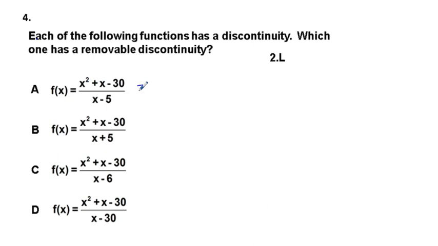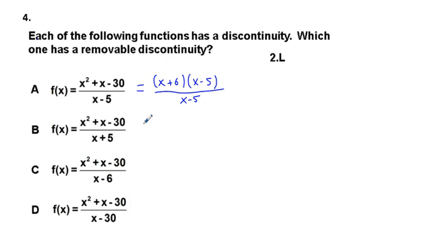So here, in the numerator, if we factor x squared plus x minus 30, we're going to get x, and what two numbers do you multiply together, one positive and one negative, yet add together to get 1? Well, we're going to have x plus 6, x minus 5. That's going to be over x minus 5.